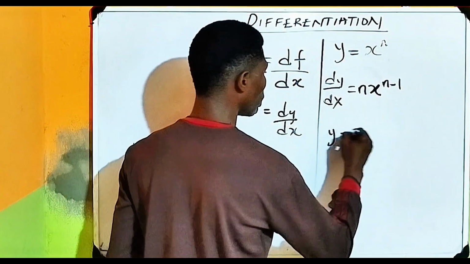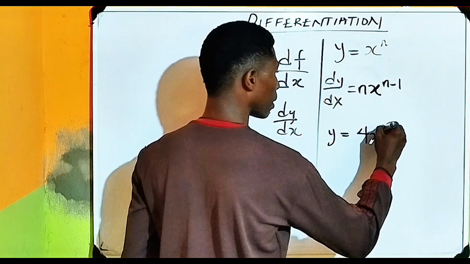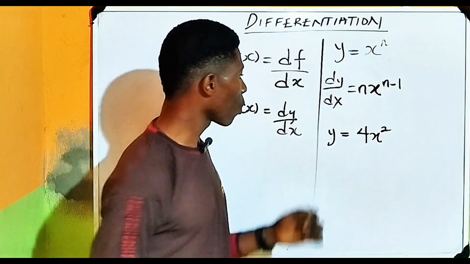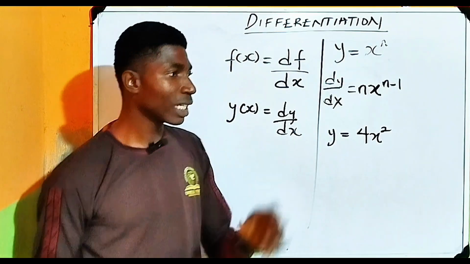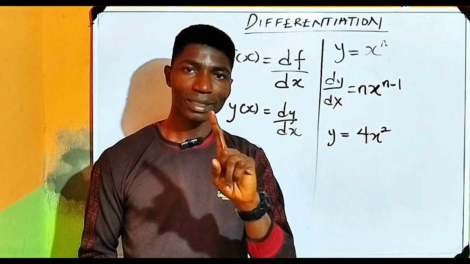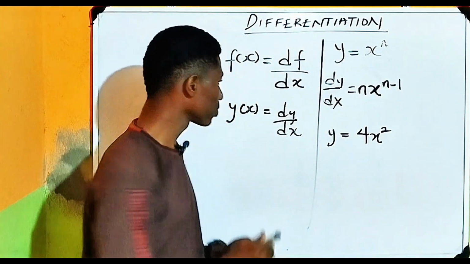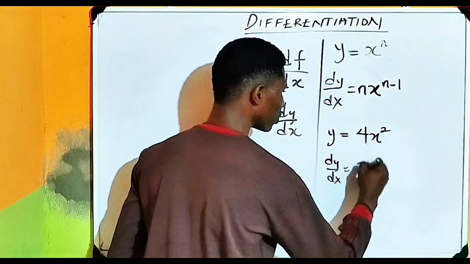y is equal to 4x squared. To differentiate this function, you will take the power, which is 2, times everything. So dy over dx is equal to 2 times 4x squared.